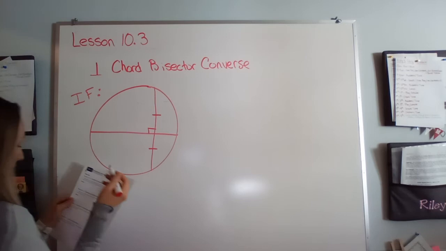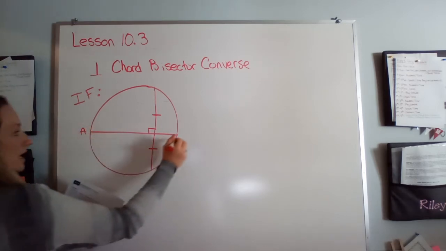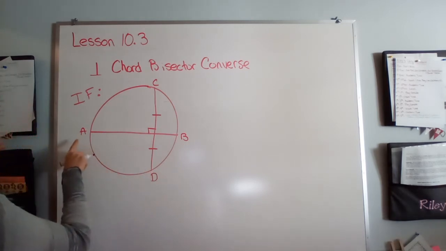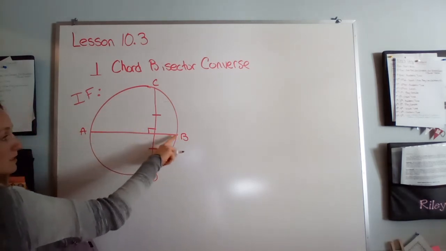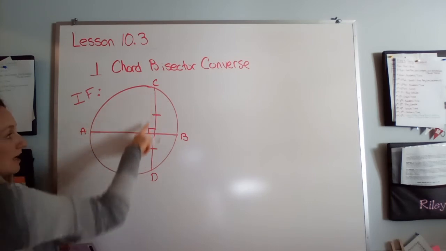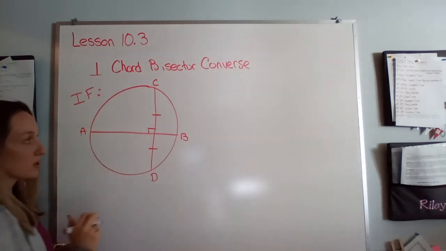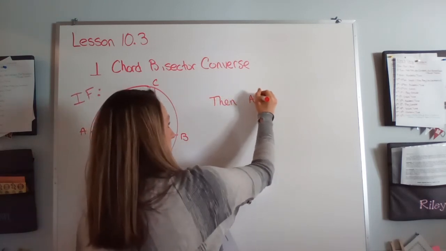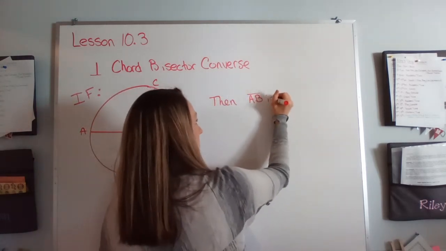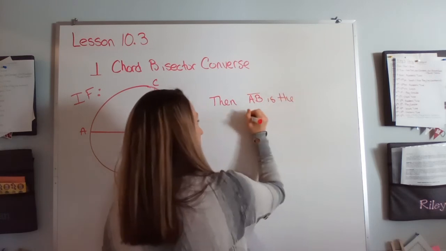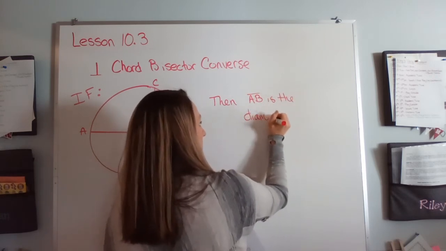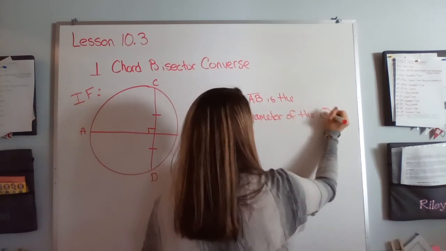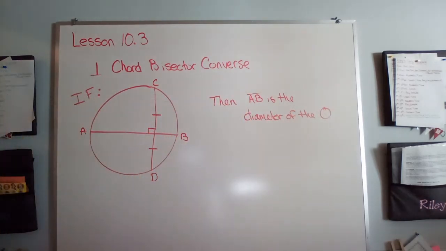We'll give them names just so we can talk about them more easily. A, B, C, D is what I call them in my notes. If AB is the perpendicular bisector of CD, that means that AB is the diameter. So then I could say segment AB is the diameter of the circle.